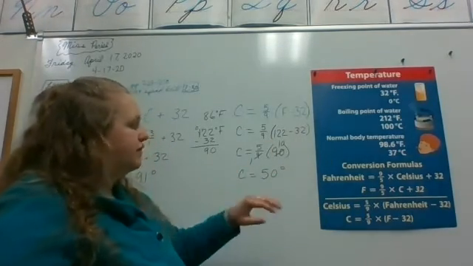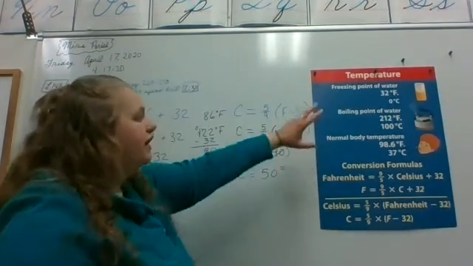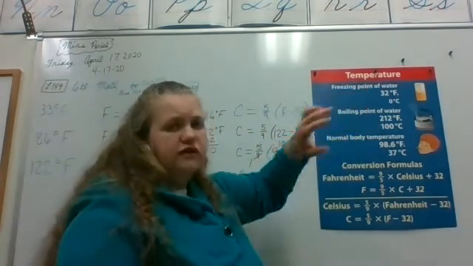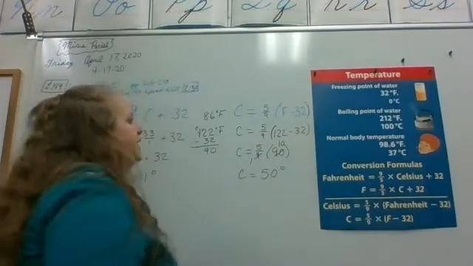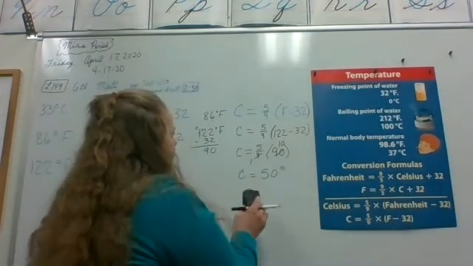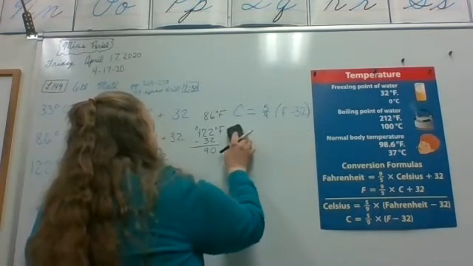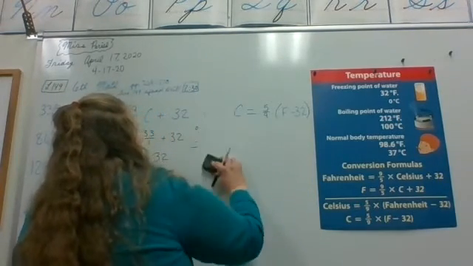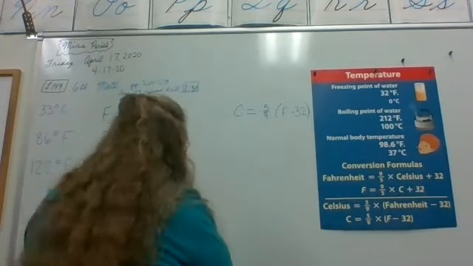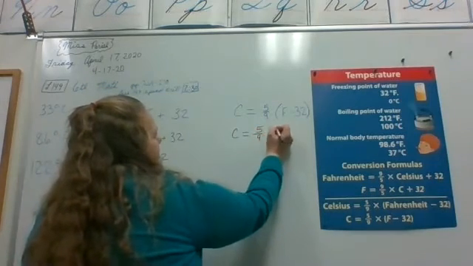And so these are the formulas that they used to find that. You can plug in these numbers and you can get what that is. So if you were to plug in, here, let me show you. C equals 5/9.